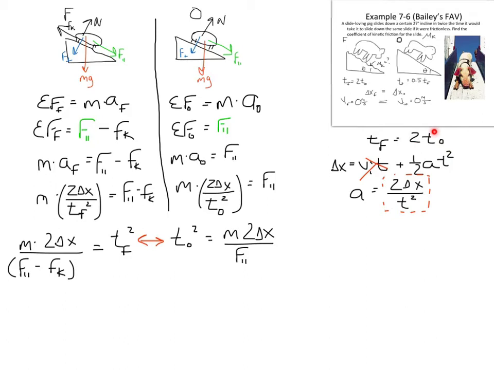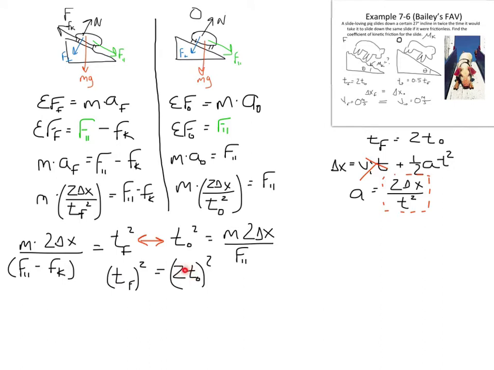So what that means is time with friction squared equals 2 times the time without friction, squared. See what I did? That equals that.